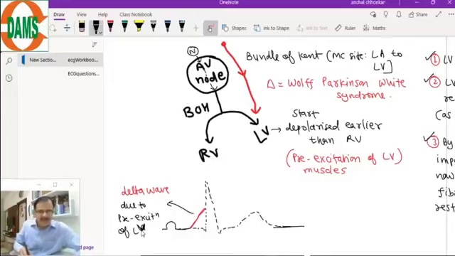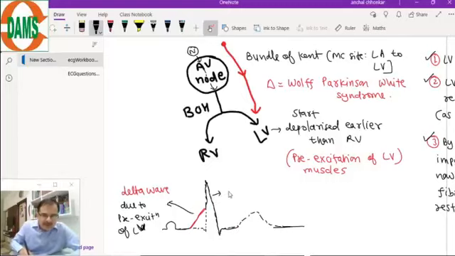I will make the diagram once again. So this is a delta wave which will be due to the pre-excitation of the left ventricle, and this is the rest of the ventricle depolarized by impulse from the normal AV node.